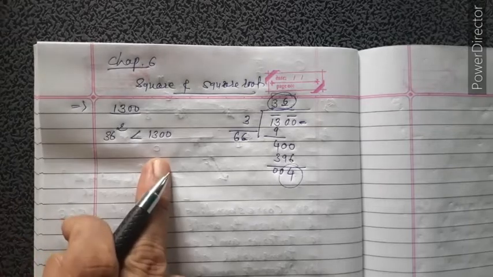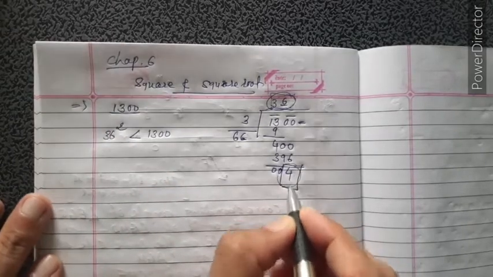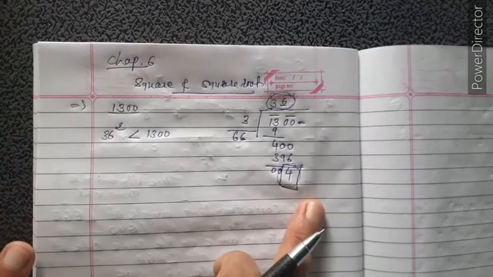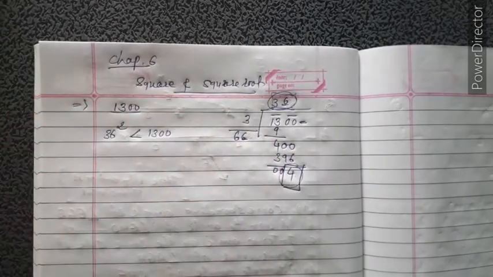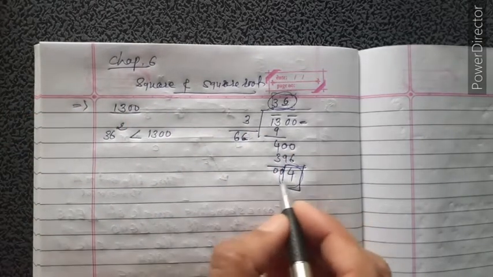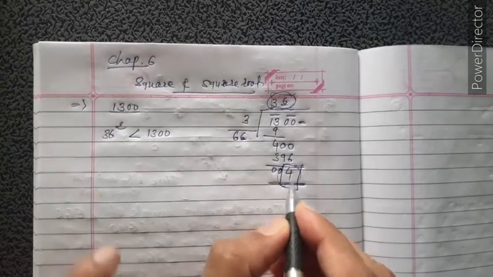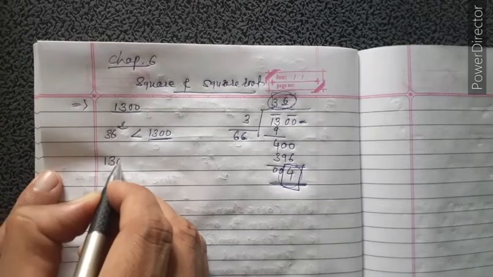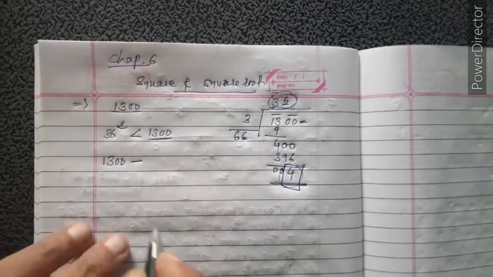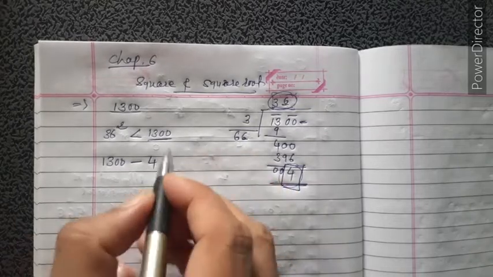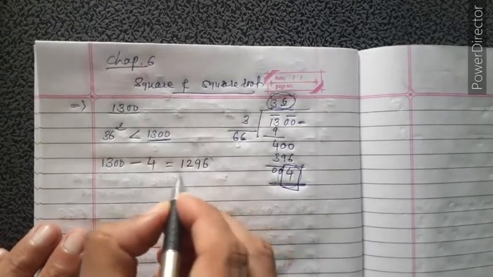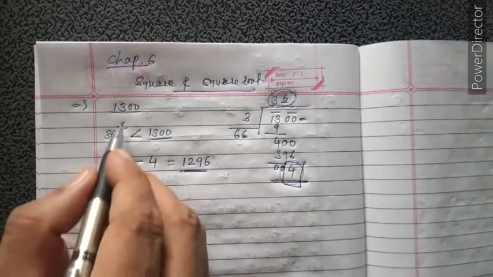And 4 is the remainder, meaning if we subtract the remainder from the given number, we get a perfect square number. So 1300 minus 4, where 4 is our remainder, equals 1296, and 1296 is the square of 36.